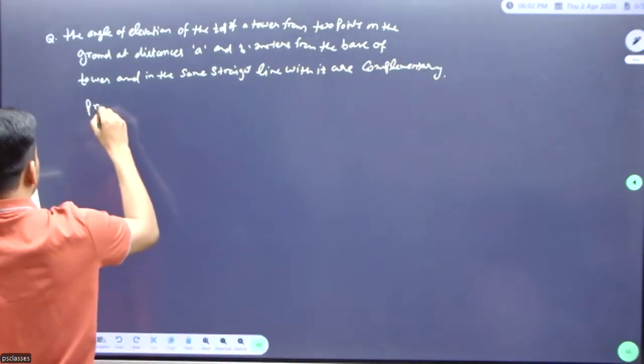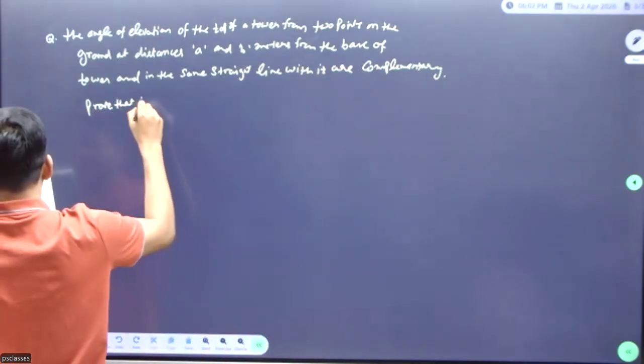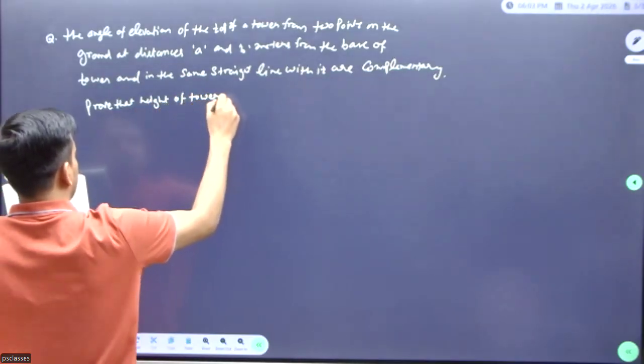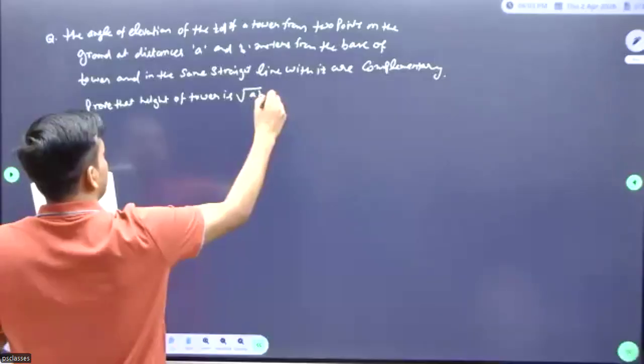Prove that height of tower is root AB meter.